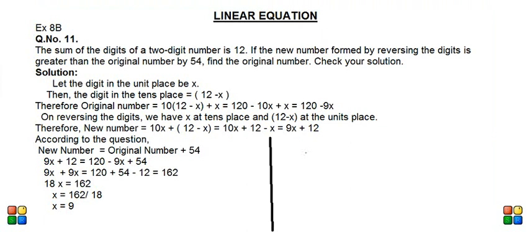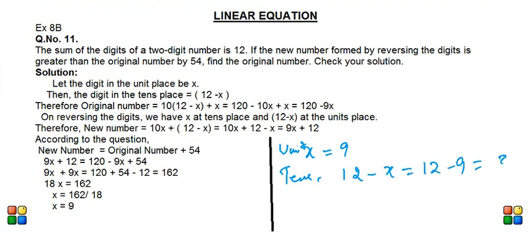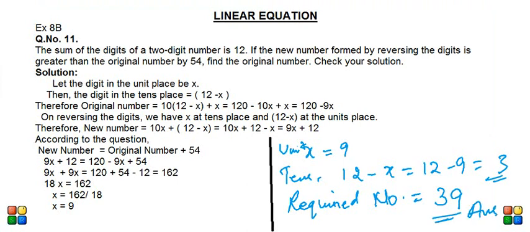X equals 9, which is the unit place. And what is your tens place? The tens place is 12 minus x, that is 12 minus 9, which is 3, right? So the required number is 3 at the tens place and 9 at the unit place. So I got the answer 39.